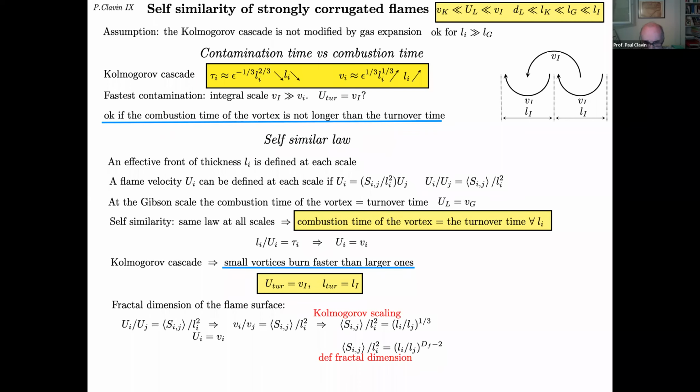So this gives you immediately the fractal dimension of the turbulent flame in the corrugated regime.